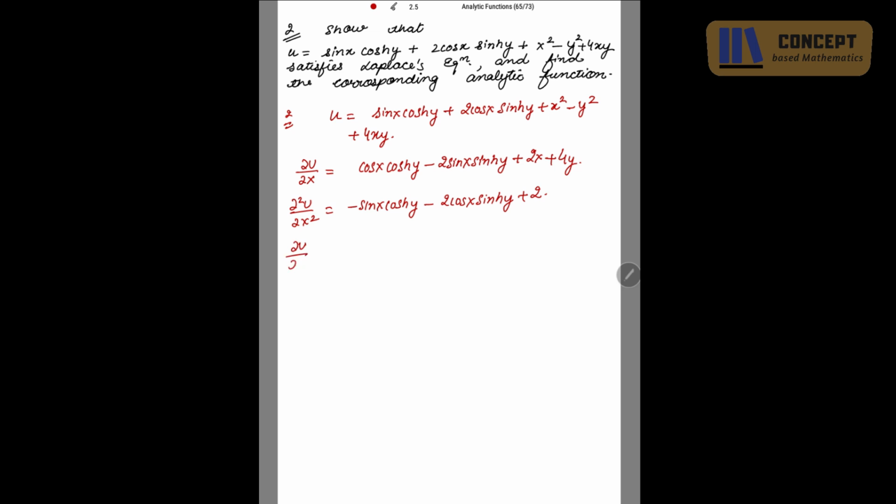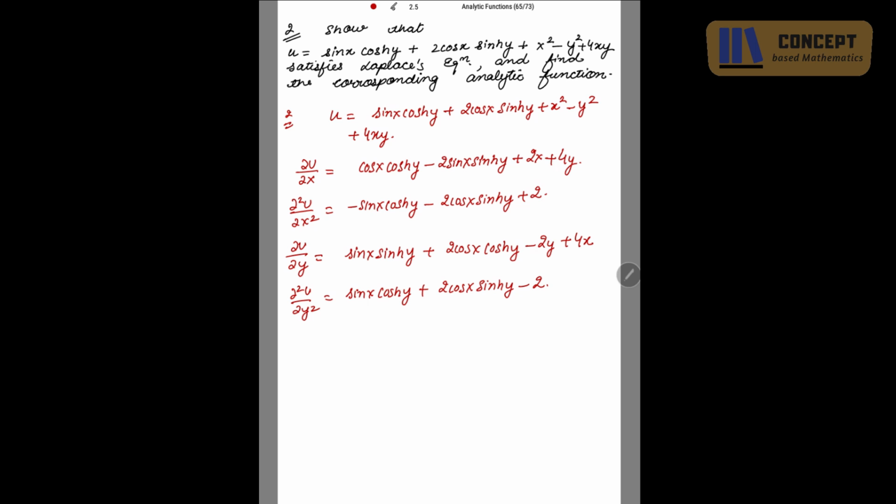Now del u over del y. This is sine of x sine hyperbolic y plus 2 cos of x cos hyperbolic y minus 2y plus 4x. The other derivative is sine of x cos hyperbolic y plus 2 cos of x sine hyperbolic y minus 2.